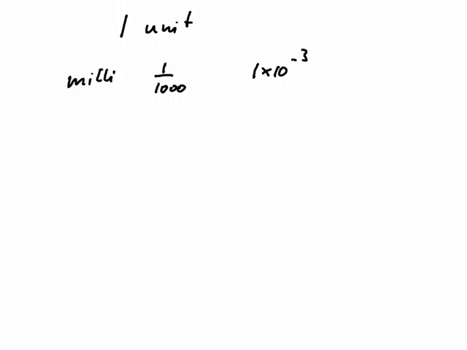The next common lower unit would be micro, which is commonly abbreviated with the Greek letter mu, and if you are on a Windows keyboard you can type this letter by pressing the Alt key and typing in 230 on the numerical keypad.